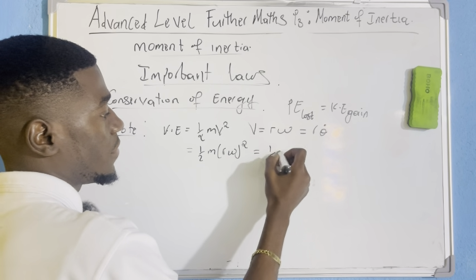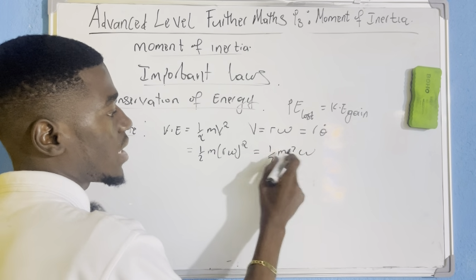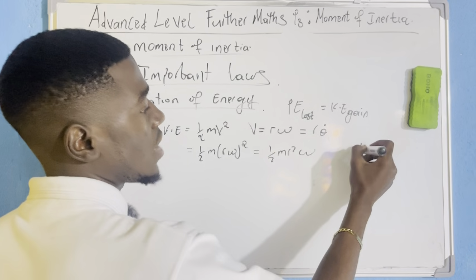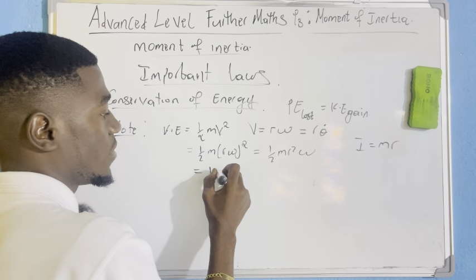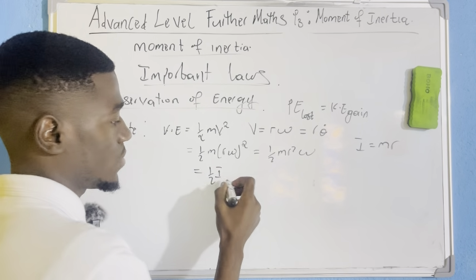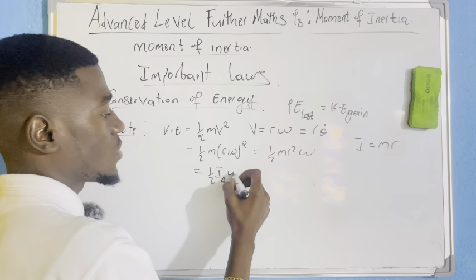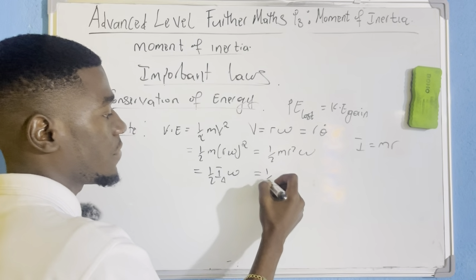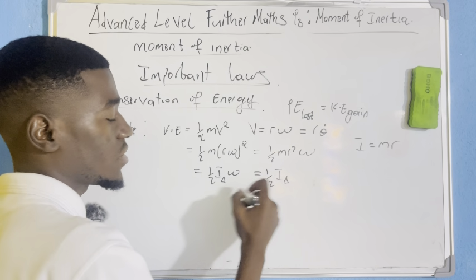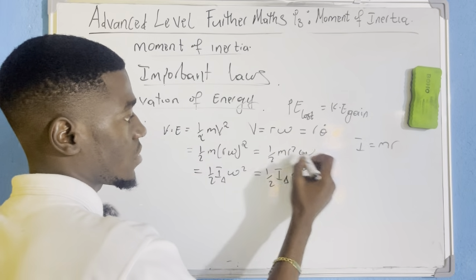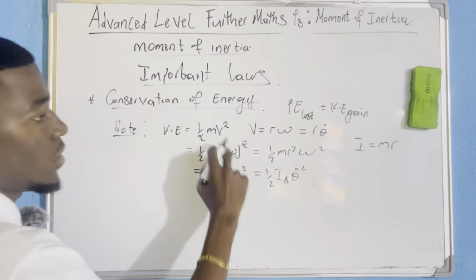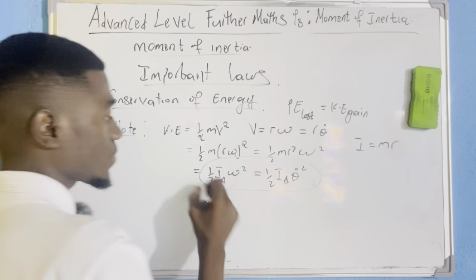Now it will be half m r squared omega squared. Now m r squared, if you remember, is the moment of inertia. So I will have half I, the moment of inertia about an axis delta, times omega squared, or half the moment of inertia about an axis delta times theta dot squared.